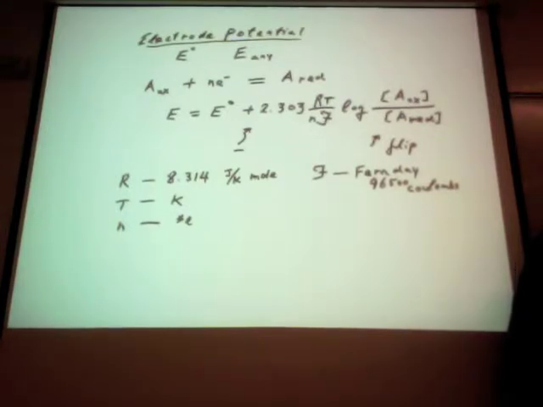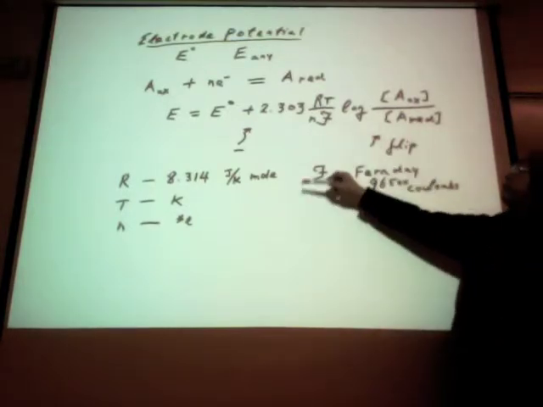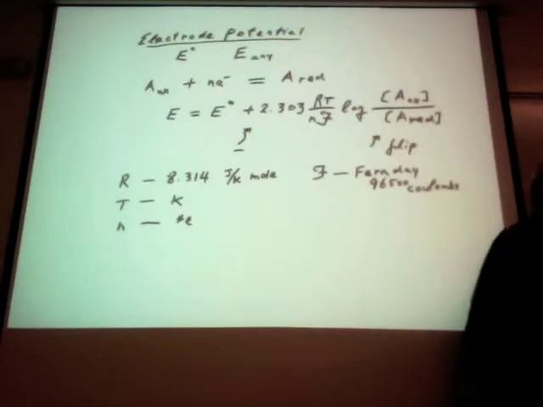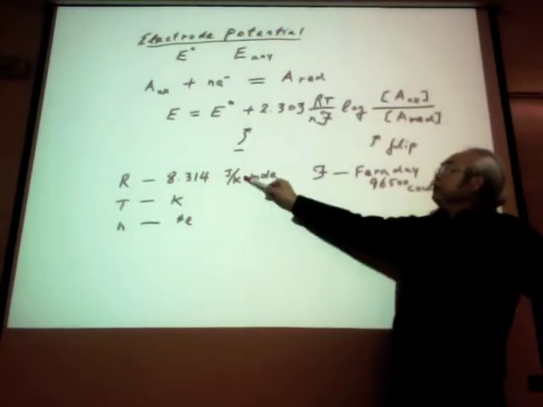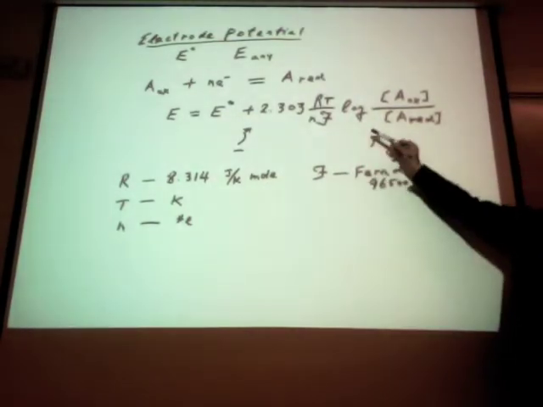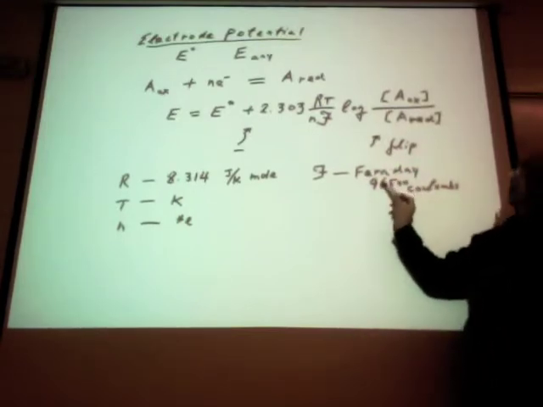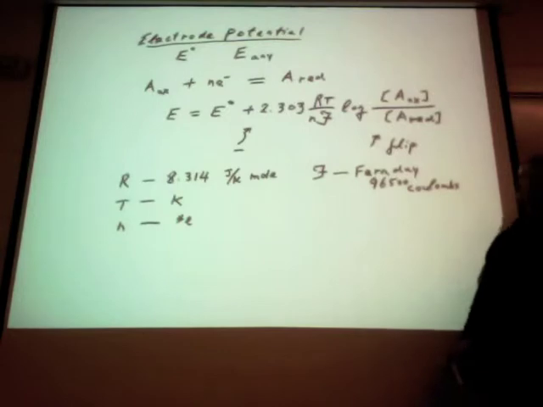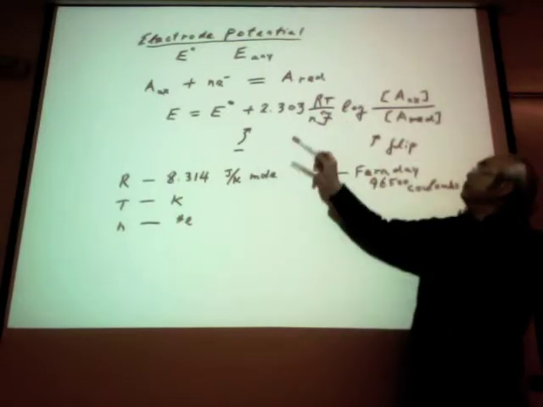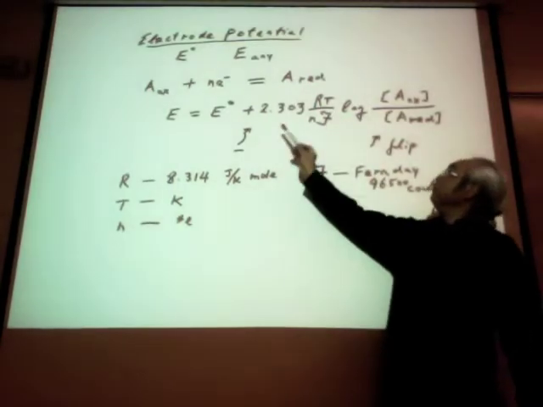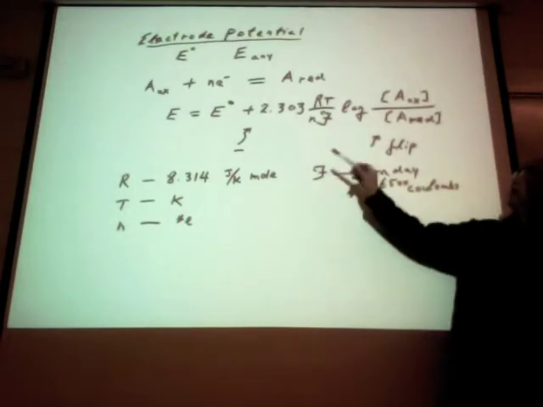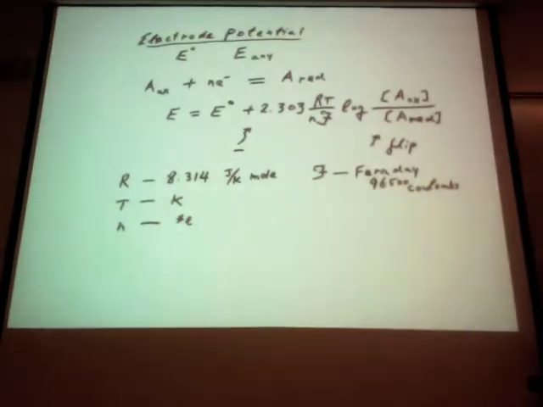They are the same thing, the same Nernst equation. All these are units and constants. So you can kick in the Faraday, the gas constant, and room temperature, and it will be a numerical value, that is 0.059.